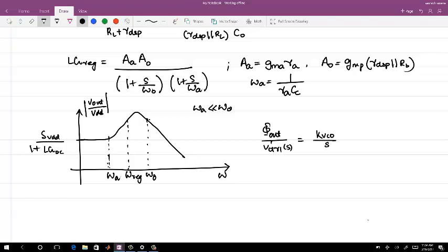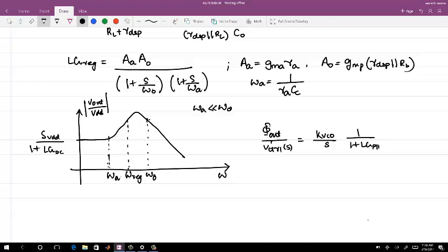What will this be? KVCO over S into 1 by 1 plus loop gain of PLL, right? When you are considering the whole PLL loop, there's frequency translation and one integration. You know that 1 by 1 plus loop gain is a high pass transfer function, and 1 over S is KVCO over S, which should occur near the PLL bandwidth.